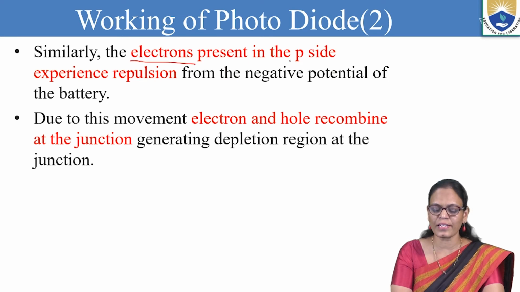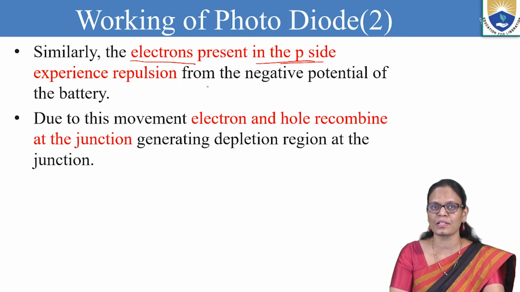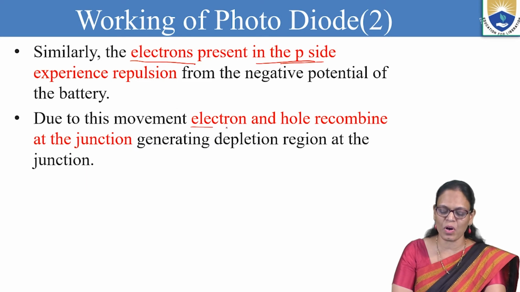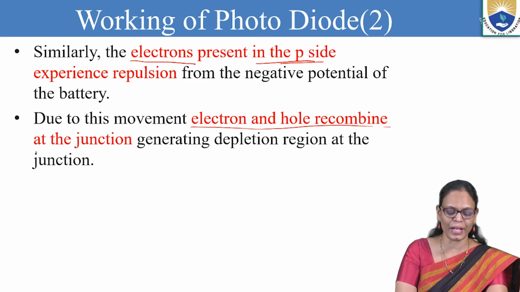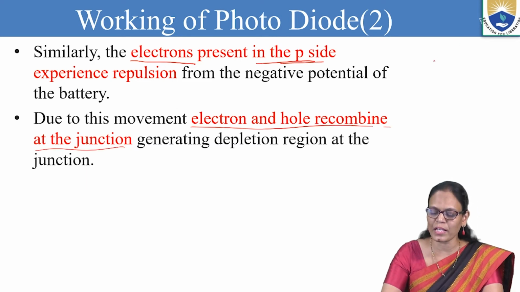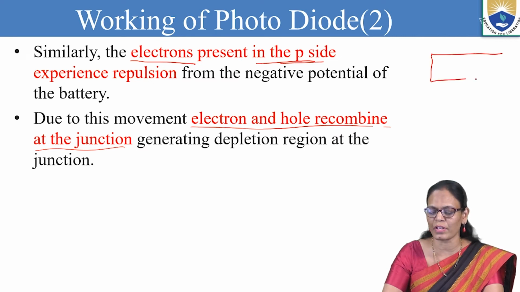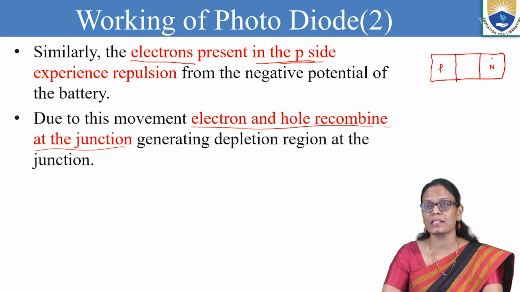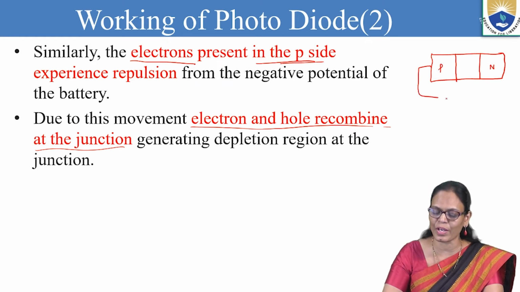Similarly, the electrons that are present in the P side experience repulsion from the negative potential of the battery. Because of these repulsive forces, what happens? The electrons and holes will recombine at the junction. So now what is happening at the junction? We have the junction PN. The depletion layer increased because of the reverse bias we have applied.